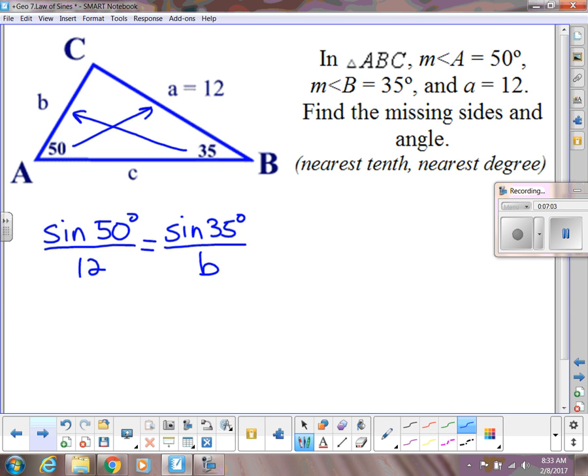So if we cross multiply, I would have B times the sine of 50. I'm just going to do all of the punching into the calculator at the very end. That way I'm not rounding. And then to solve for B, I'm dividing by sine of 50.